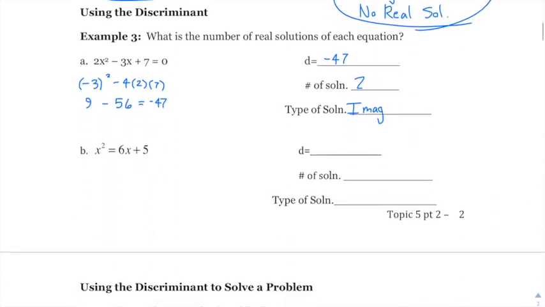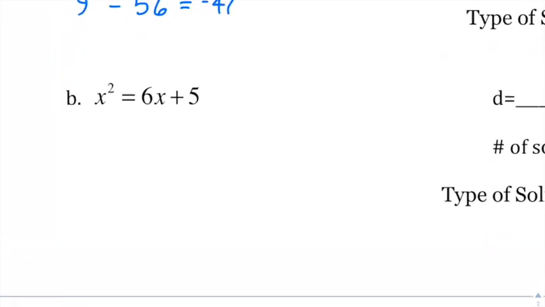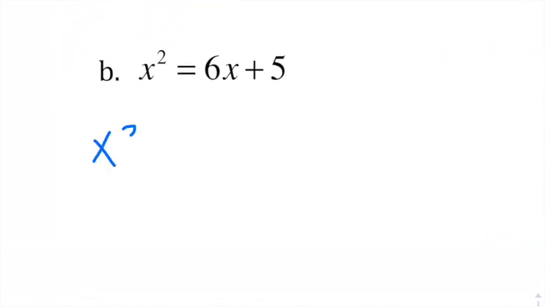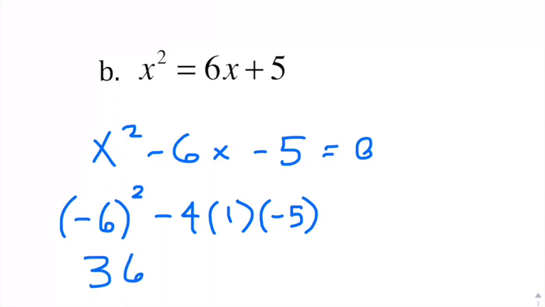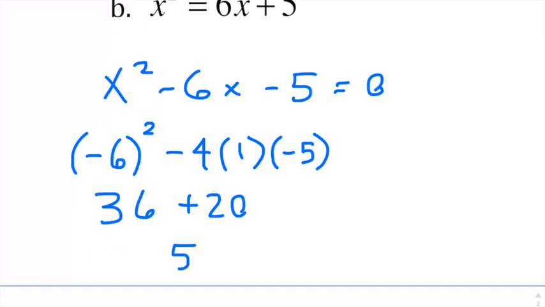Okay, and then let's see what's going on with this one here. X squared minus 6x minus 5 equals 0. Negative 6 squared minus 4 times a, and then times c, which is negative 5. So that's 36, and then plus 20. So that'll be 56.